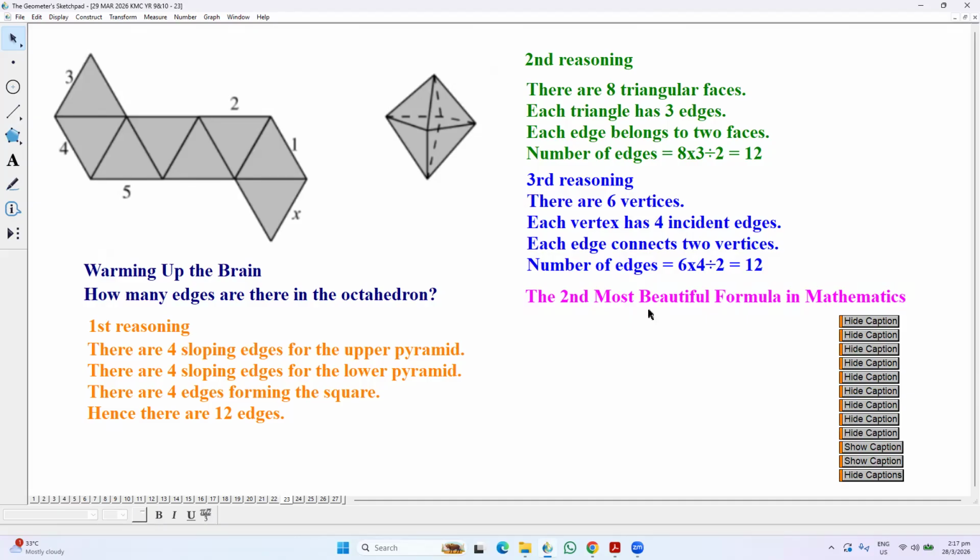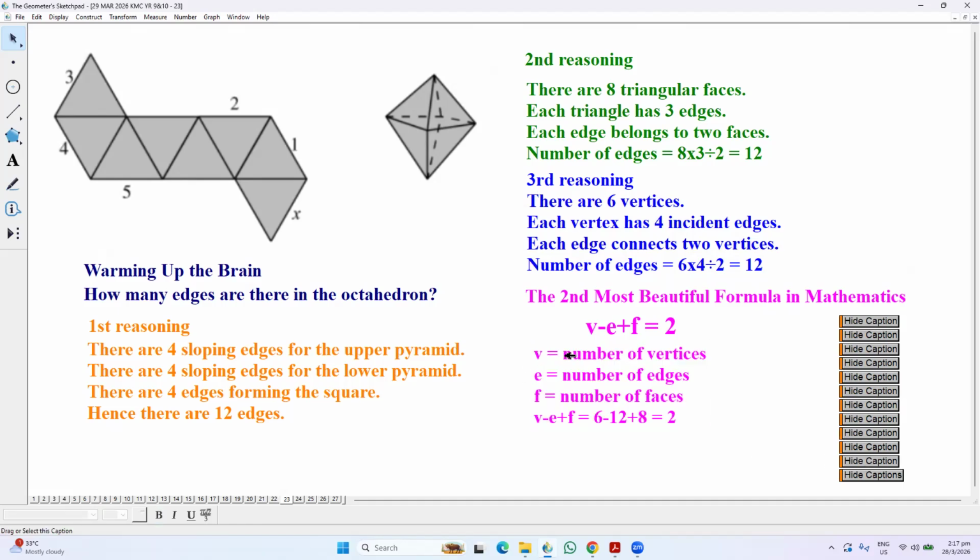The second most beautiful formula in mathematics. This was voted by several mathematicians in the 1900s. V minus E plus F equals 2.